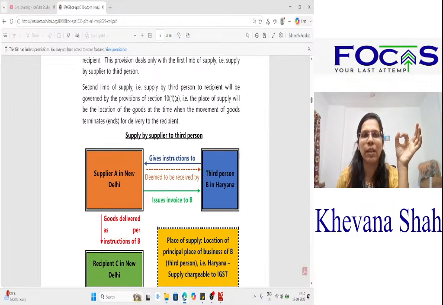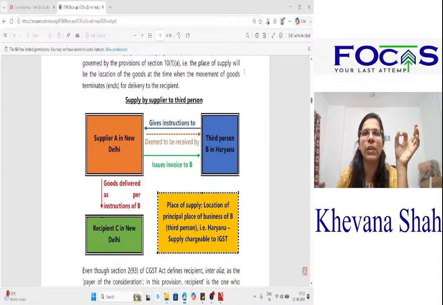Now, second limb of the provision only deals with the first limb of supply, that is supply by supplier to third person. Okay, so here because of that reason we are considering this person's principal place of business as your place of supply. Now they are saying the second limb of supply, that is supply by third person to recipient, will be governed by the provisions of section 10(1)(a), that is place of supply will be the location of the goods at the time when the movement of goods terminates.